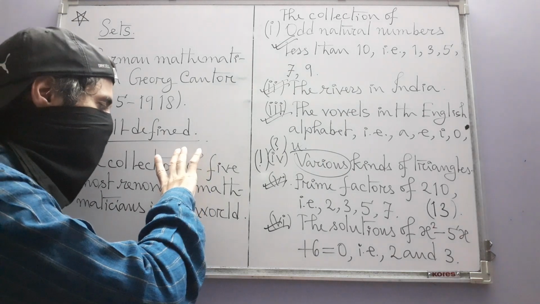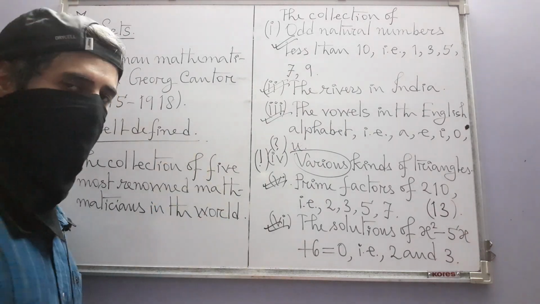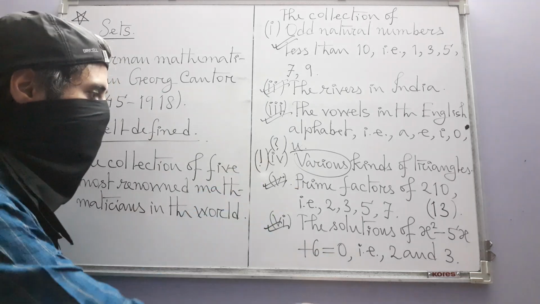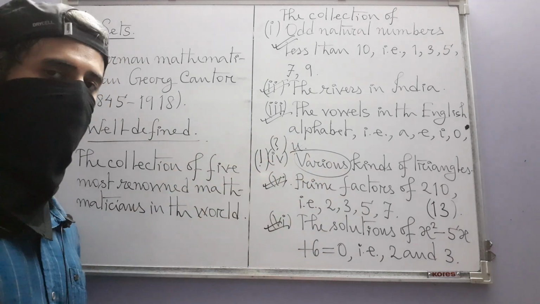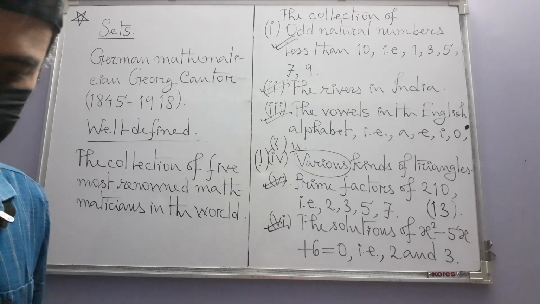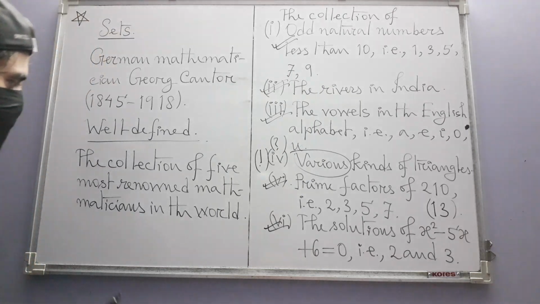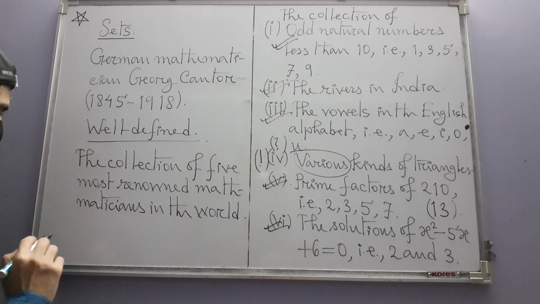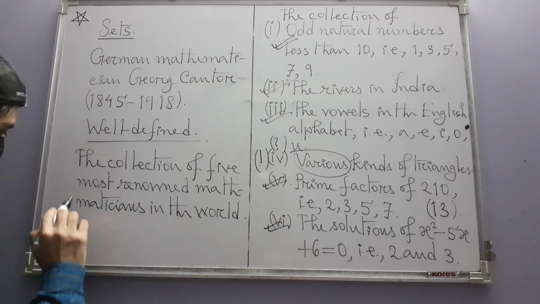And we do not consider such collections in mathematics simply because there always is a doubt of what objects belong to the collection and what don't. Okay. And that is why we only consider well defined collections, and they are called sets.